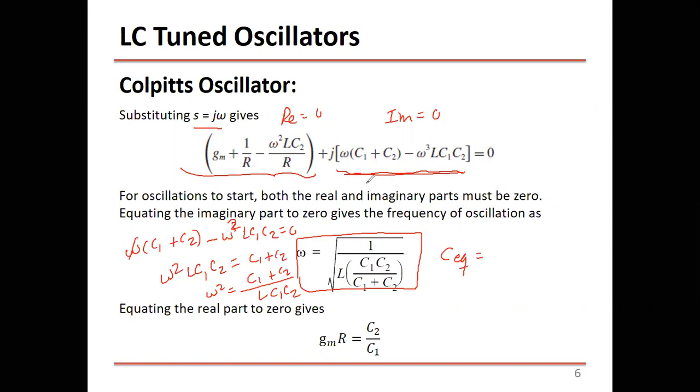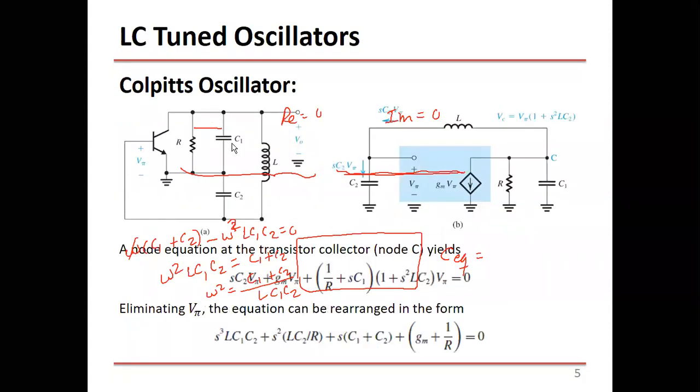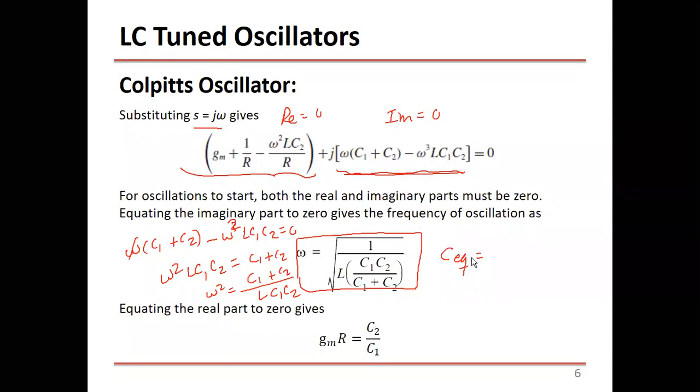If you go back to the previous circuit, you find C1 and C2 are almost in series. Series capacitances means C1C2 over C1 plus C2. So this is just omega equals 1 over the square root of L C equivalent.